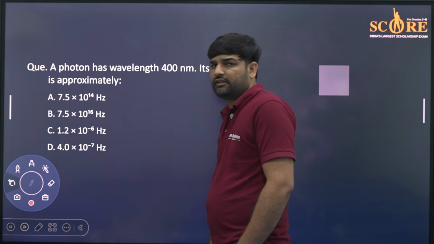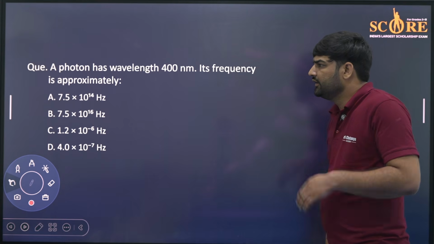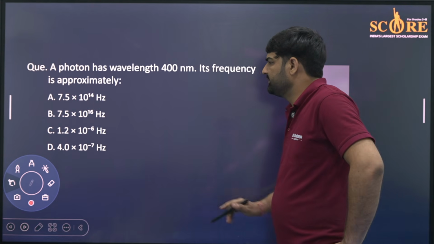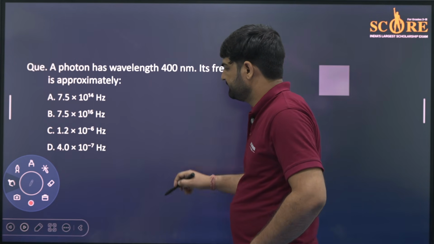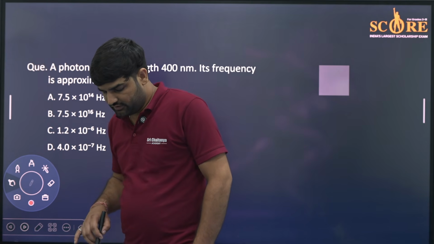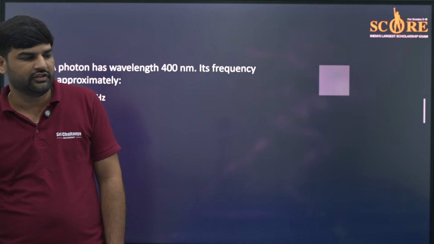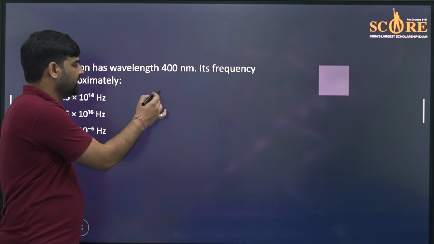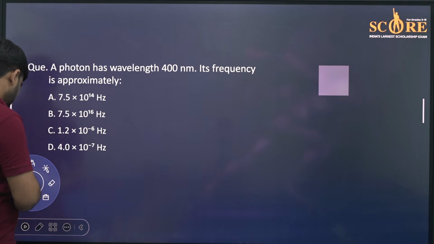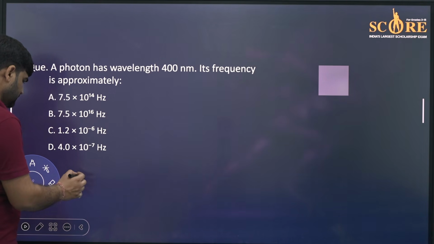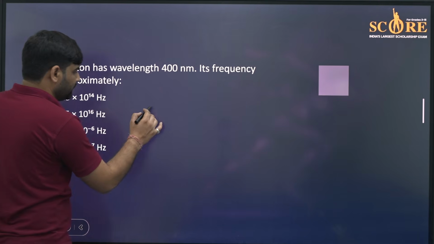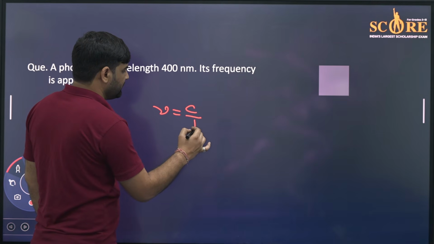Next, this is a very simple question. A photon has wavelength this, frequency is approximately. So you know frequency will be nu equals c by lambda.